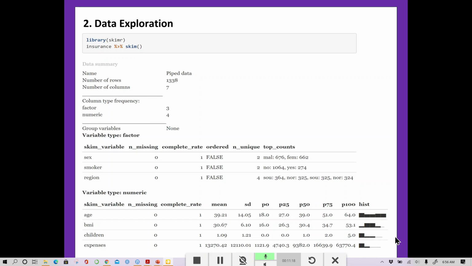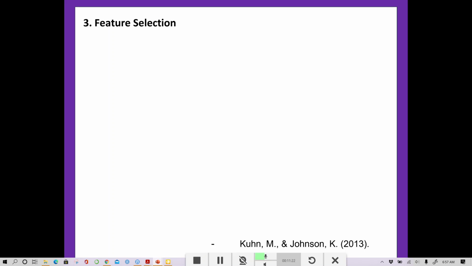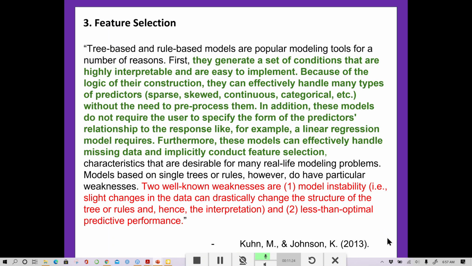And to remind us of what we discussed in the last class about regression trees, you might want to recall this statement by Max Kuhn and Johnson, in which we learned some of the appealing characteristics of deploying regression trees for understanding the relationships between the target feature and the predictor features.